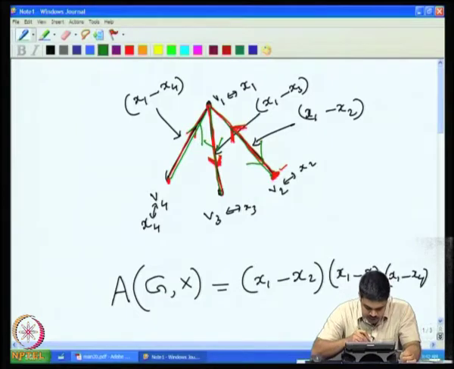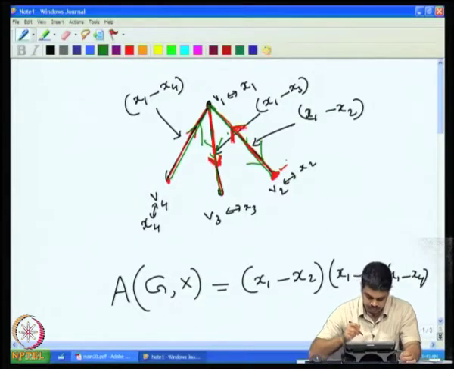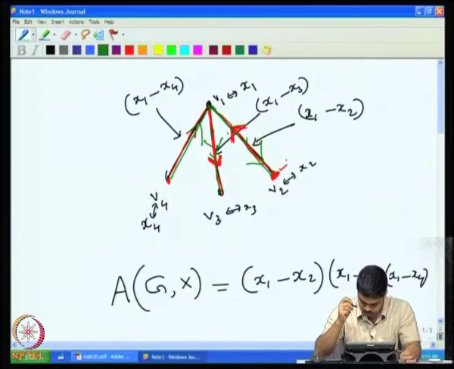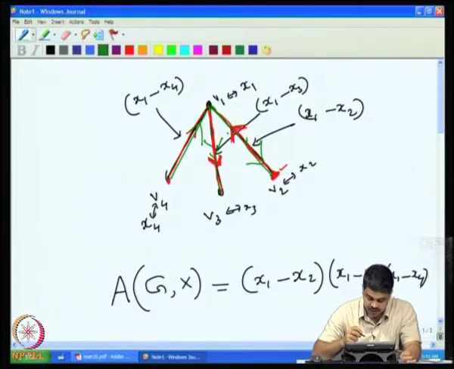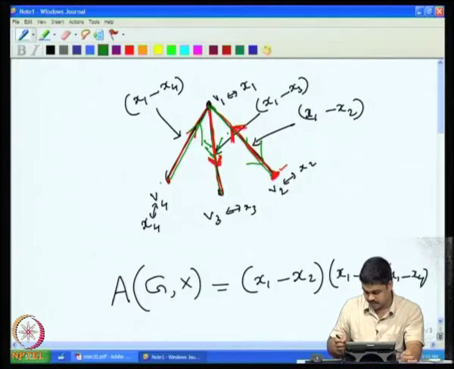So, x1's out degree with respect to this orientation is 2, that is why x1 square has come. And x2 didn't get any degree. The x3 didn't get any out degree. So, therefore, it's not appearing in that term. Here x4 has one appearance, therefore, x4 has a degree 1.